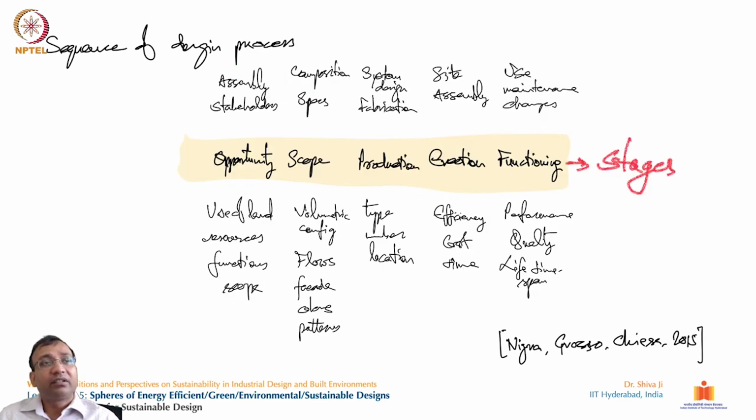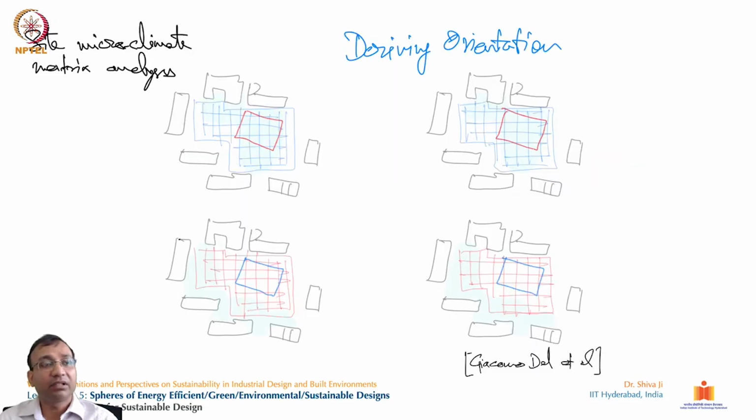So there are different stages, and the sequence of the design process of sustainability is given over here, and how it evolves. There are some examples, as we discussed previously, of how the orientation of the building blocks should be kept and how simulation and analysis tools are helping these days.